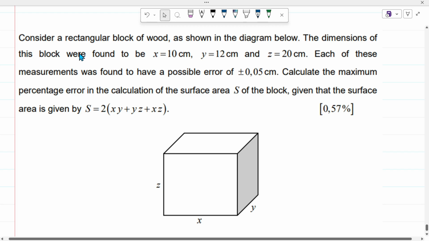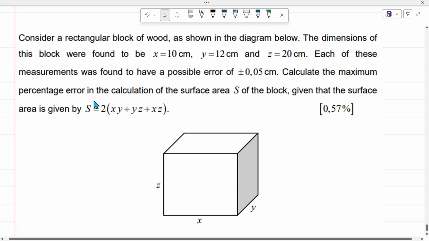So yeah, they said consider a rectangular block of wood as shown in the diagram below. The dimensions of this block were found to be x equals 10 centimeters, y equals 12 centimeters, z equals 20 centimeters. Each of these measurements were found to have a possible error of plus or minus 0.05 centimeters.